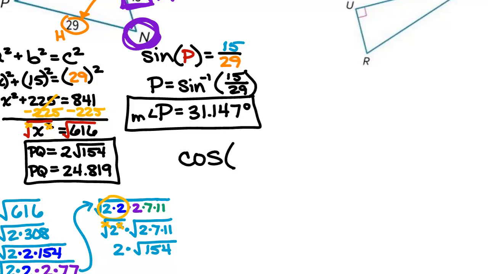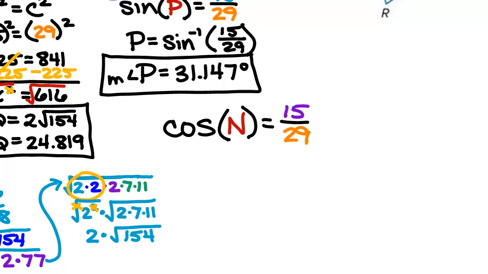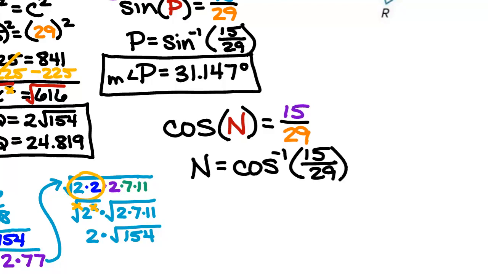Cosine of angle N is equal to adjacent, 15, over hypotenuse, 29. So just like we did with the other one, to get the N apart from the cosine, we have to use inverse cosine. So N is inverse cosine of 15 over 29.